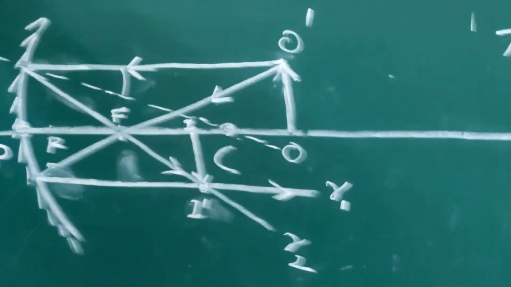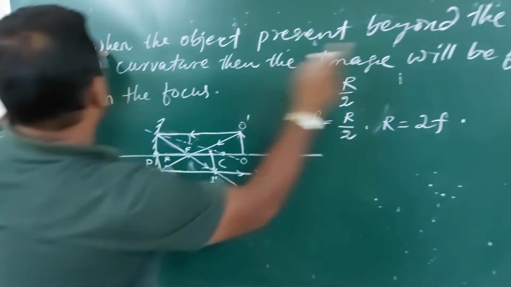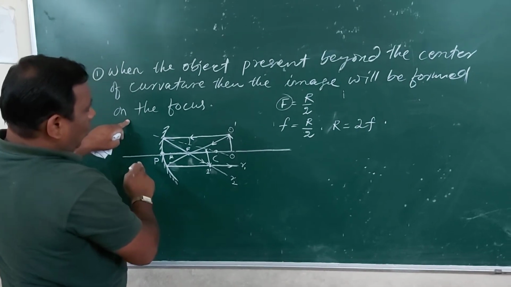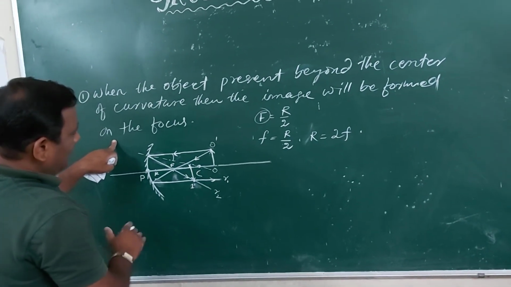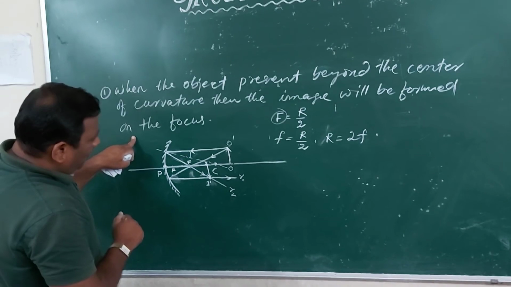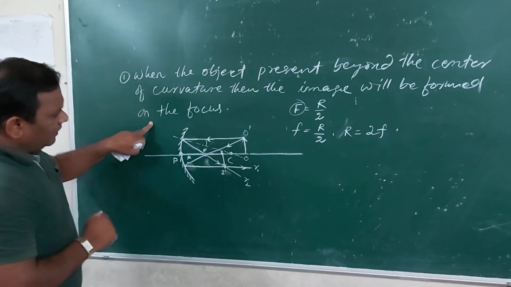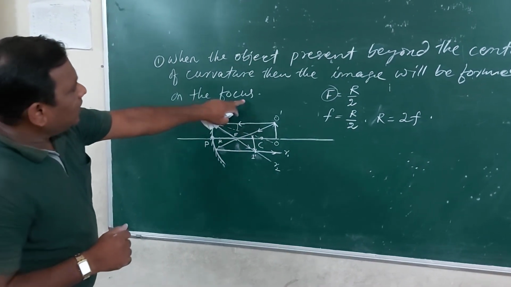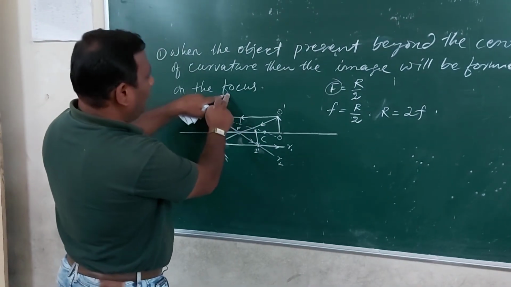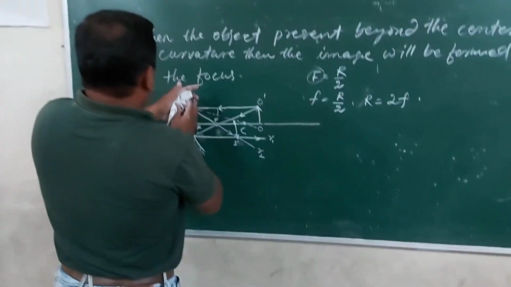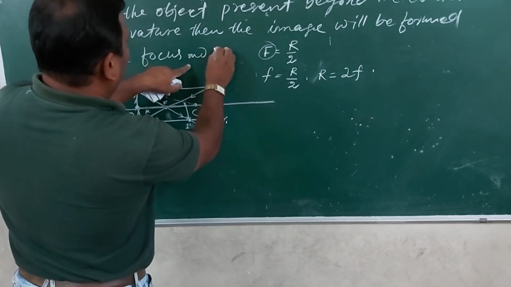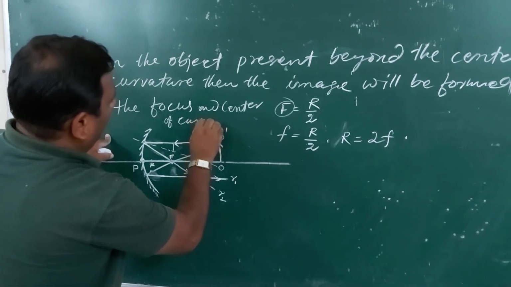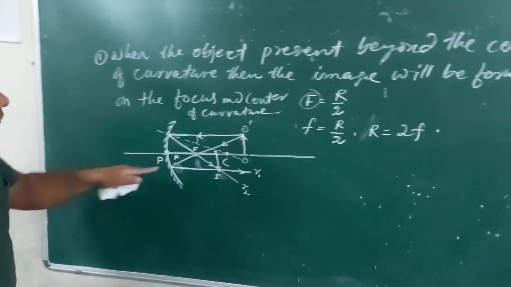So children, what happened? When the object is present beyond the center of curvature, then the image will be formed on the focus. Image will be formed between the focus and the center of curvature, right?